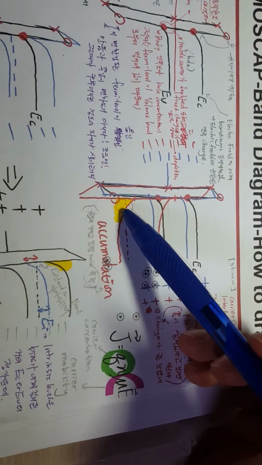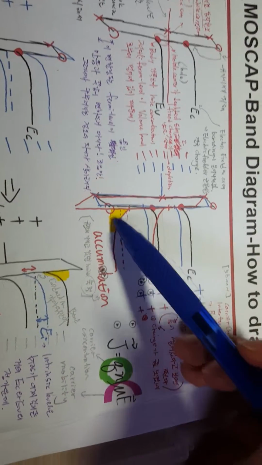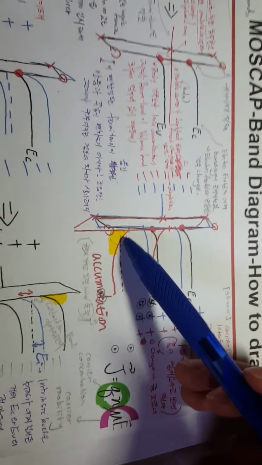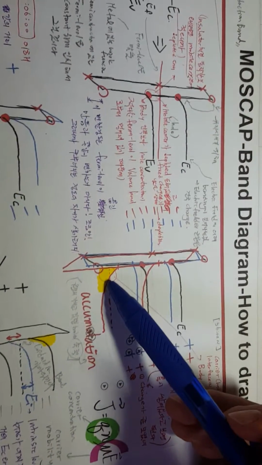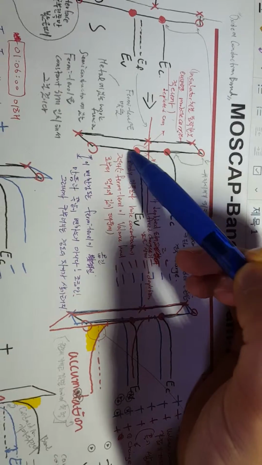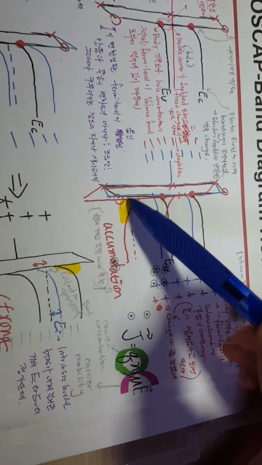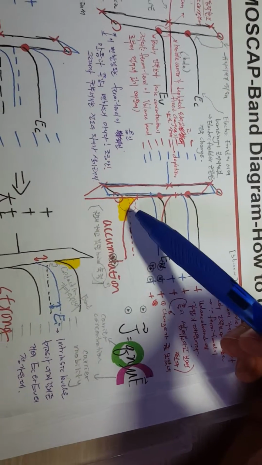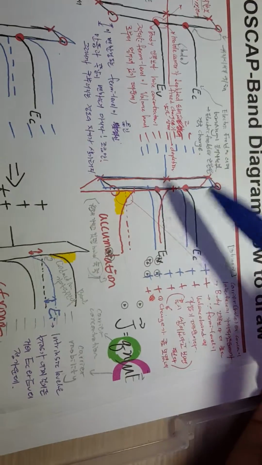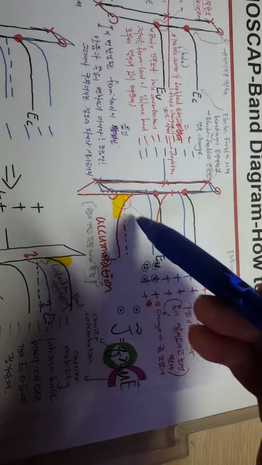We can see the Fermi level is close to the valence band, so we can see there's accumulation. Compared to this one, where it's farther, right? But here it's closer, so we can see there are a lot of holes. That's why we say accumulation.